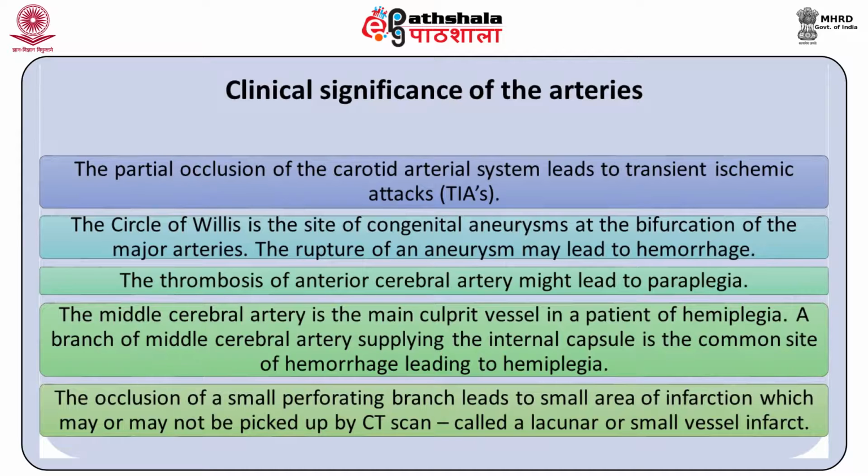The rupture of an aneurysm may lead to haemorrhage. Third, the thrombosis of anterior cerebral artery might lead to paraplegia. Fourth, the middle cerebral artery is the main culprit vessel in a patient of hemiplegia. A branch of middle cerebral artery supplying the internal capsule is the common site of hemorrhage leading to hemiplegia.